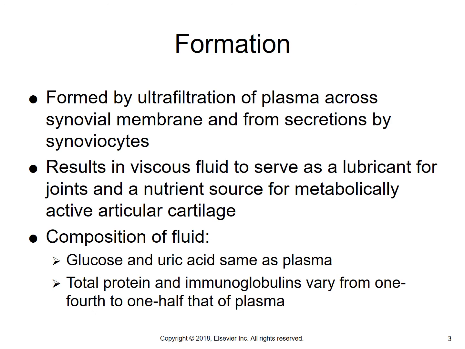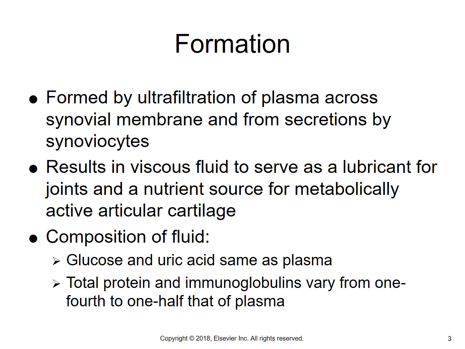These secretions are formed from the lining cells called synoviocytes, and what results is a very thick and viscous fluid to serve as a lubricant for all joints, in addition to a nutrient source for metabolically active cartilage.